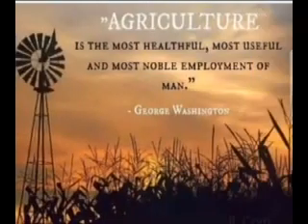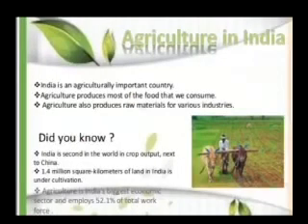According to George Washington, agriculture is the most helpful, most useful and most noble employment of man. What is agriculture? Agriculture describes the practice of growing crops or raising animals.